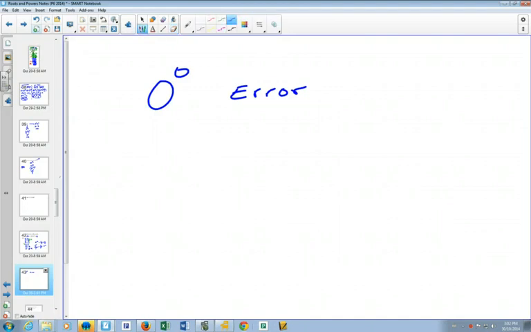Now, why is it an error? Because doesn't it fit a pattern? Shouldn't it be 1?